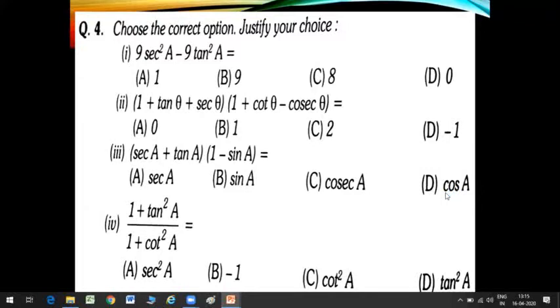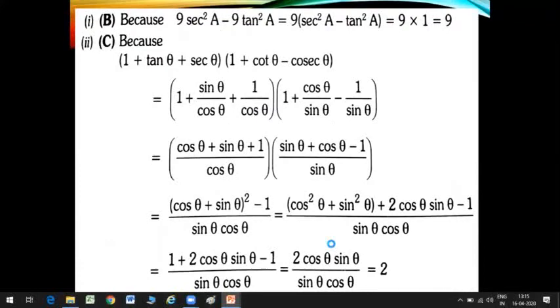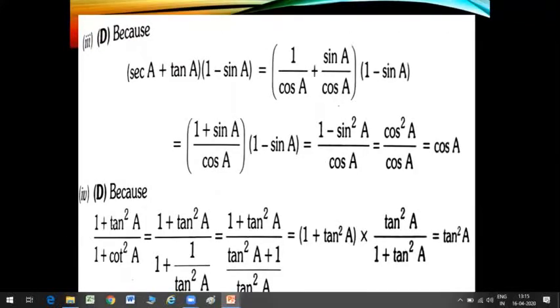Fourth part: find the value of (1 plus tan²A) divided by (1 plus cot²A). Cot²A we can write as 1 by tan²A.